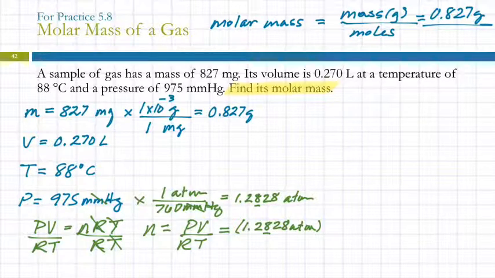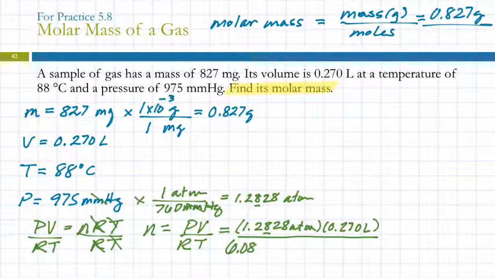My volume is in liters, and that's what I need, so that was great. R is 0.08206 liter atmospheres per mole Kelvin, and then the temperature.